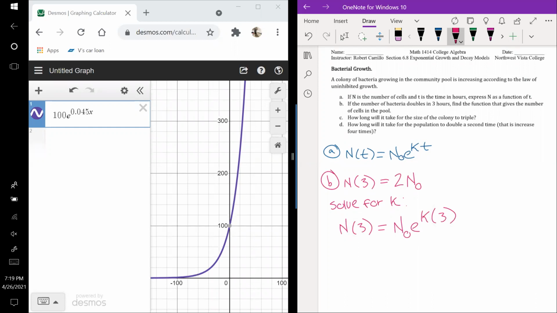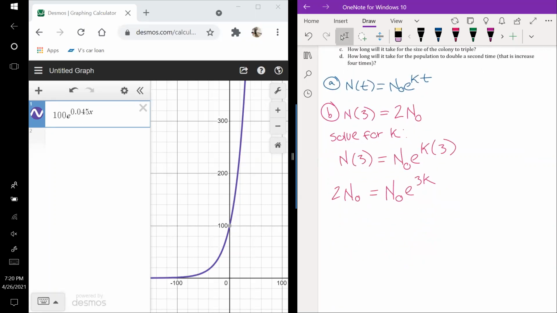Now this will make more sense. And now we know that N of 3 is 2 initial. So we'll have 2 N initial equal to N initial times E to the 3K. There we go. That's better.